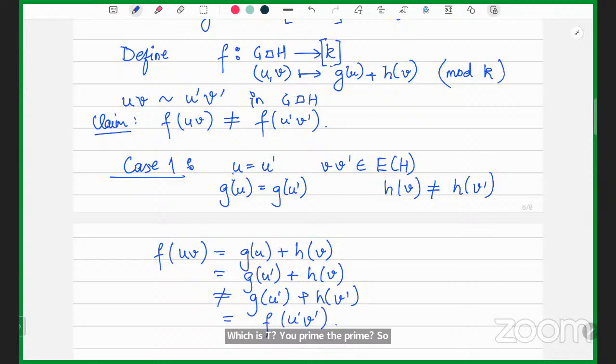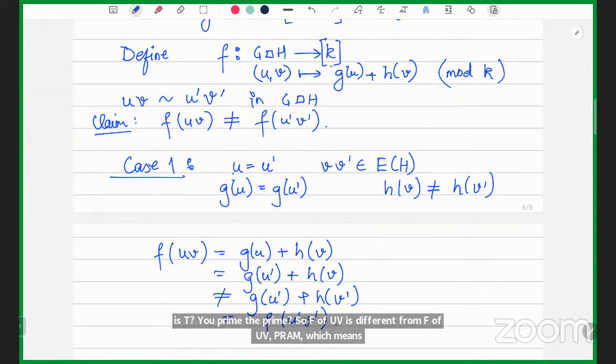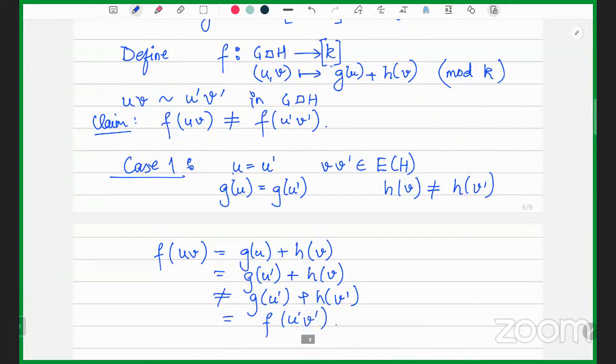So F of UV is different from F of U'V', which means F is a proper coloring. Same logic applies if UU' was an edge and V was equal to V'. And this ends the proof.